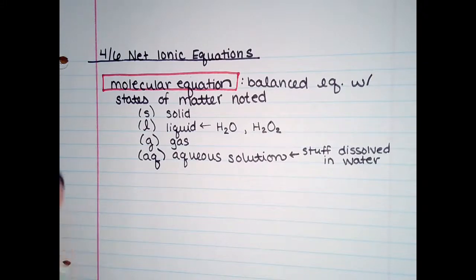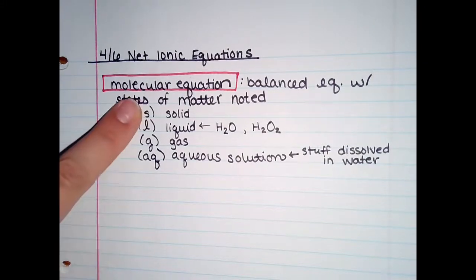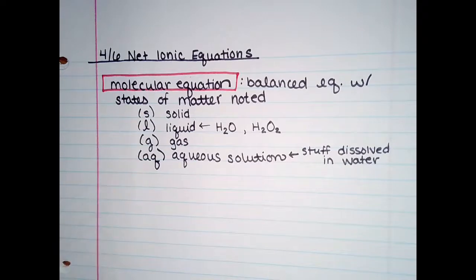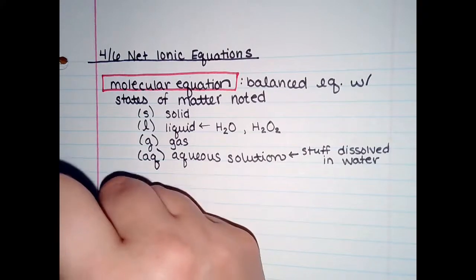After you have a balanced molecular equation and all of these states of matter are noted, the next thing you do is called a complete ionic equation.